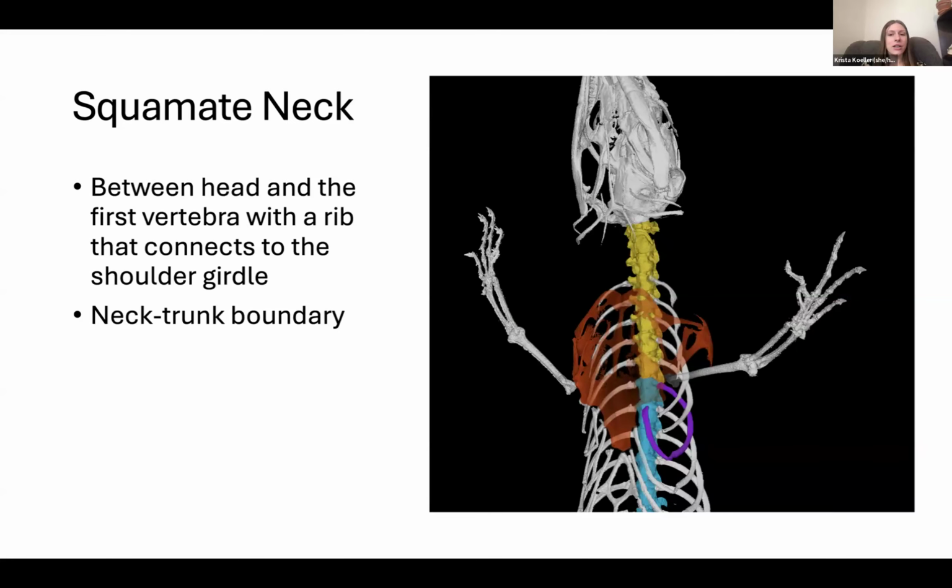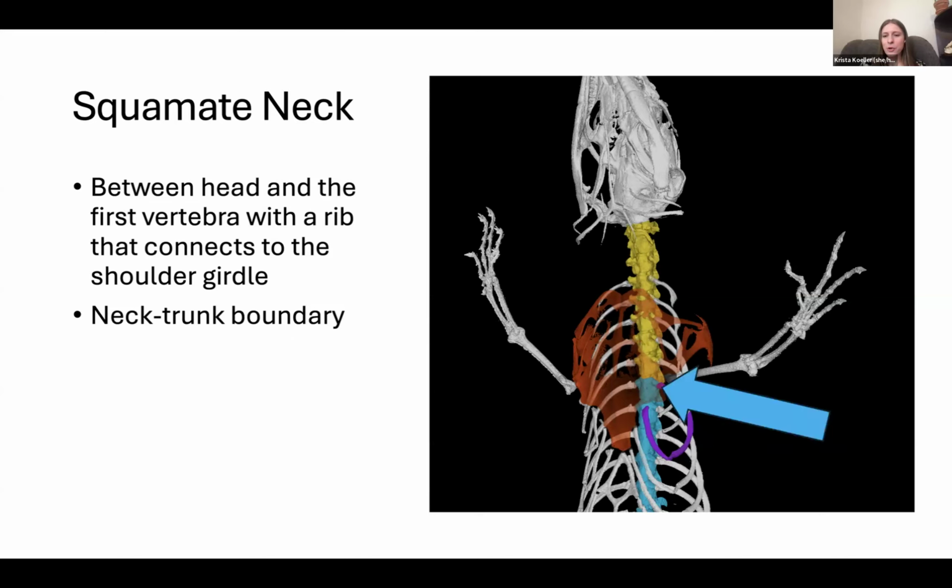My focus is on squamates, or the lizard group. They have distinct body regions like we do. And their neck-trunk boundary, or the boundary between the neck region and the trunk region, is defined by the position of the shoulder girdle, specifically the first vertebra that has a rib that connects the shoulder girdle to the vertebrae.